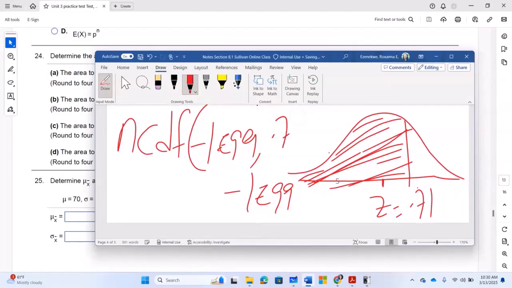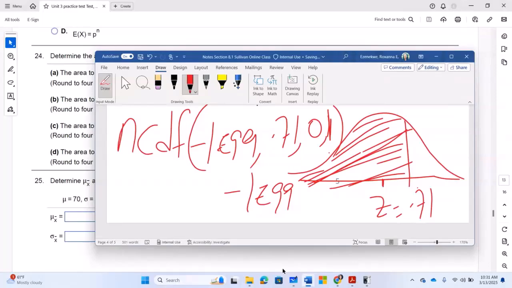So 0.71. What is the mean of the standard normal distribution? It's 0. What is the standard deviation of the standard normal distribution? It is 1. Okay, now you can calculate. By the way, you can actually read this from the chart. So after this, we're going to read the chart.